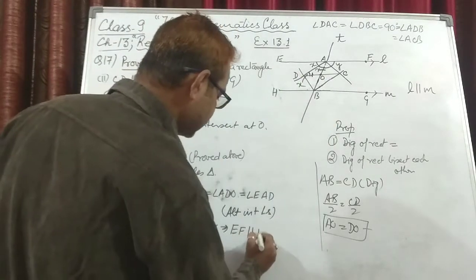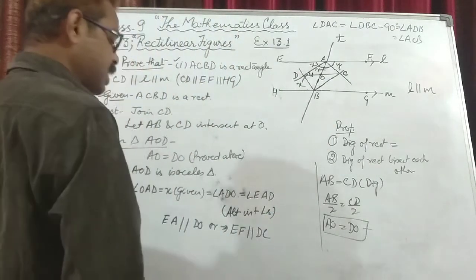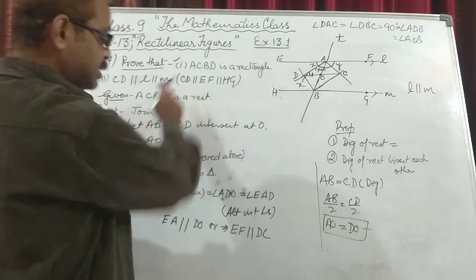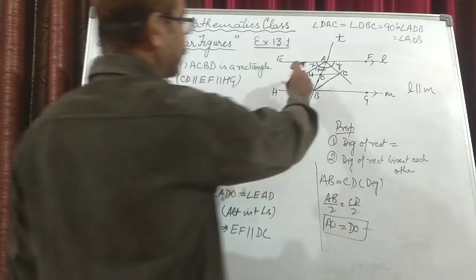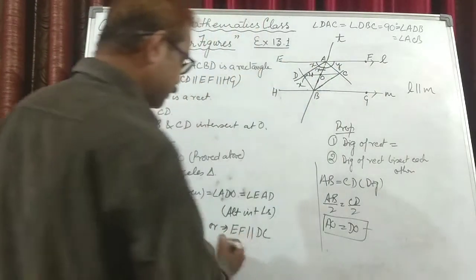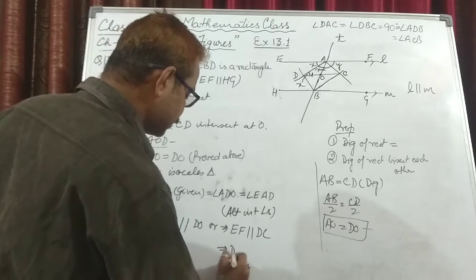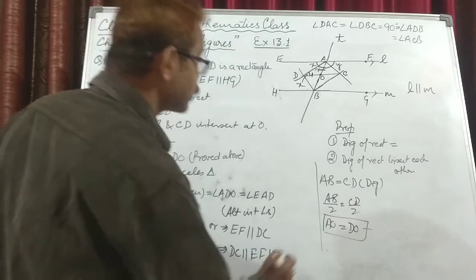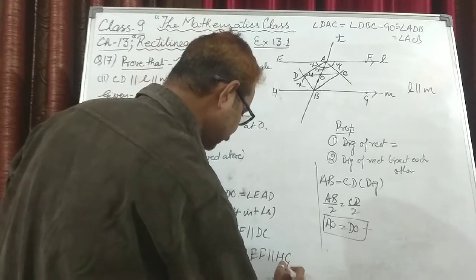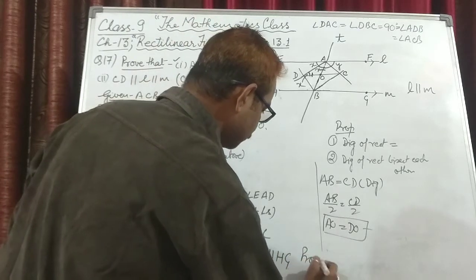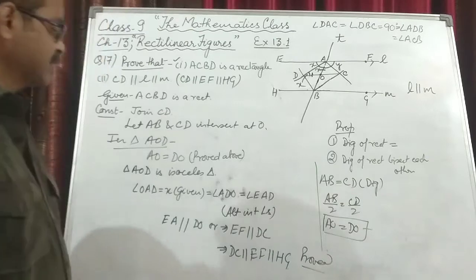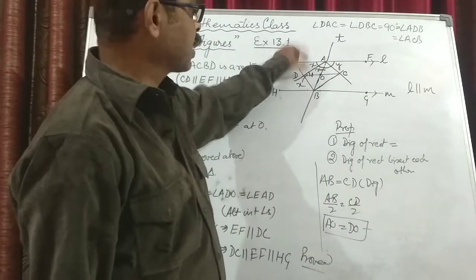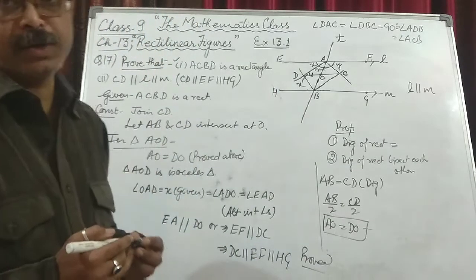DO has been extended to DC. So EF and DC are parallel. That has been proved. If DC is parallel to EF, and this is already parallel to HG, we have proved that CD is parallel to EF and HG.